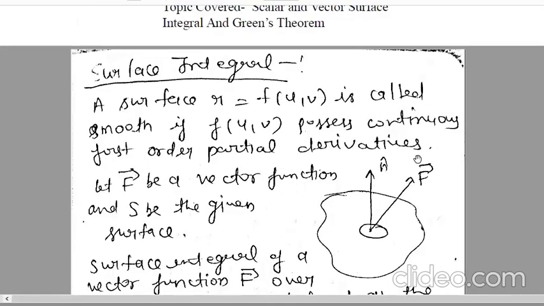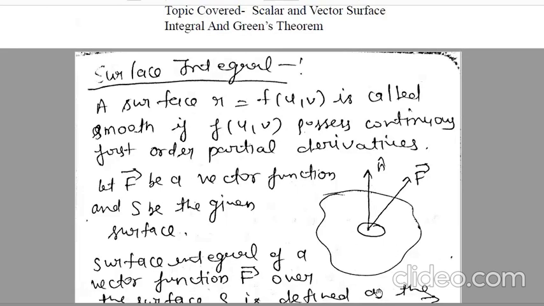So you can see here that this is your surface and vector R is equal to F(u,v). And F(u,v) has partial derivatives, so those partial derivatives will be continuous, and these will be first order partial derivatives, right?